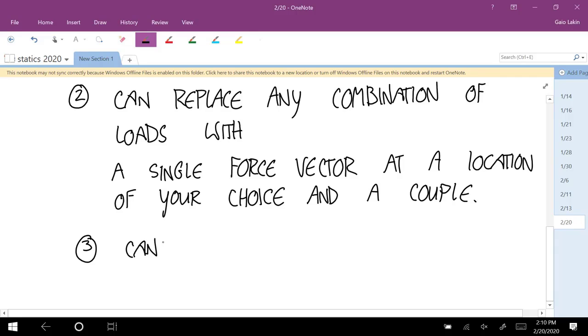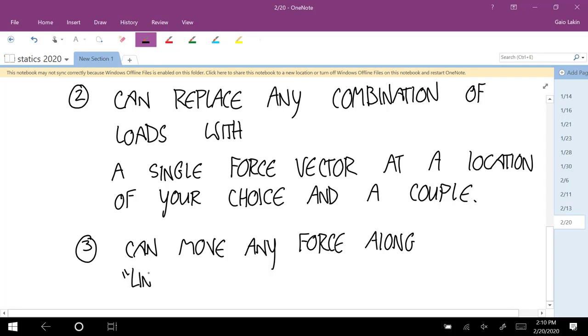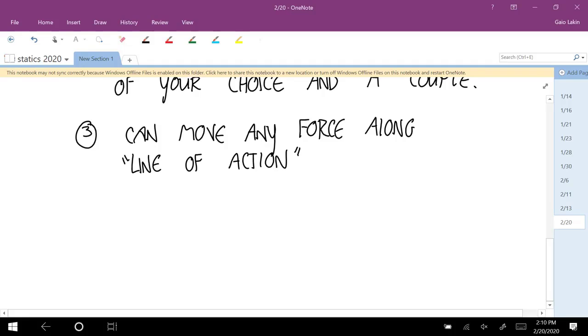You can move any force vector along its line of action. Okay, so this is the one I'm going to talk about for a second.